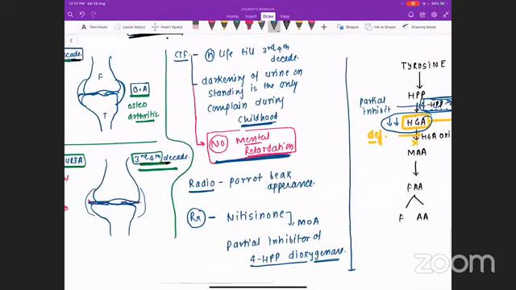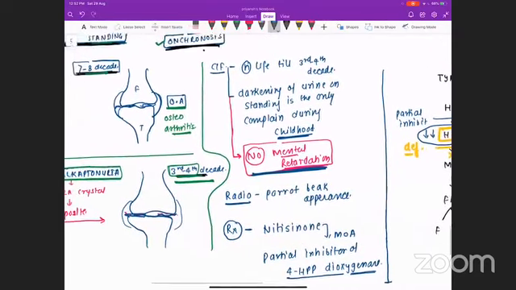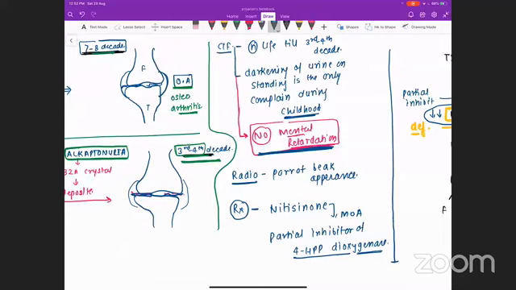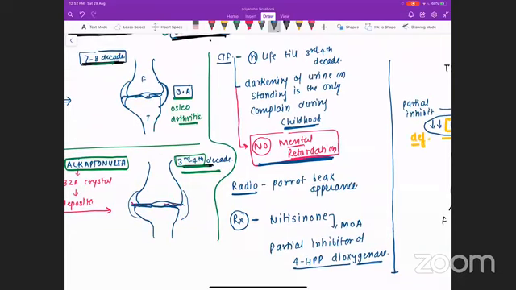So this is the detail of alkaptonuria, or I can say the details of tyrosine. Let's do some MCQs, then we'll take up your doubts.